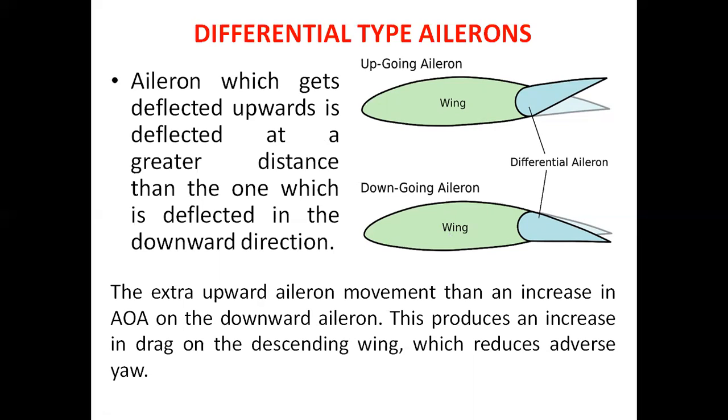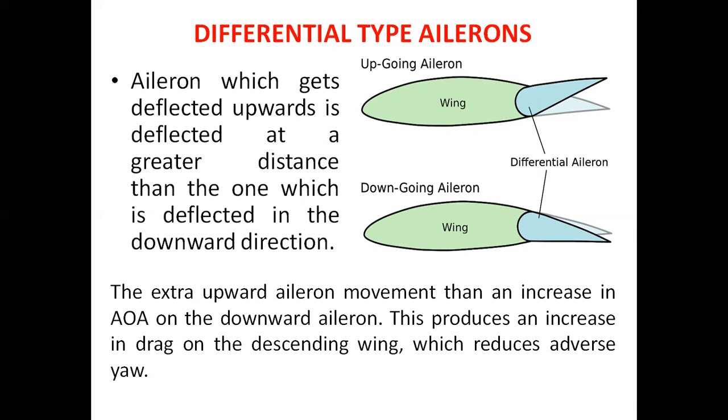Now what will happen? The extra upward aileron movement will produce an increase in drag on the descending wing. As we know, when the aileron is raised up, the wing on that side is descending.